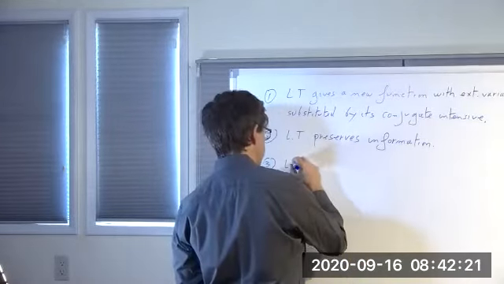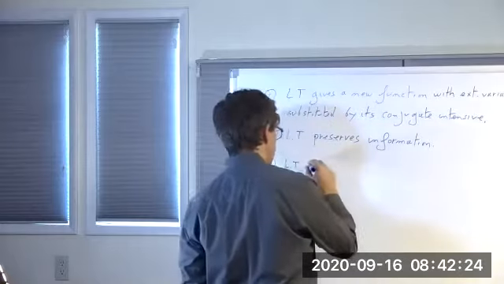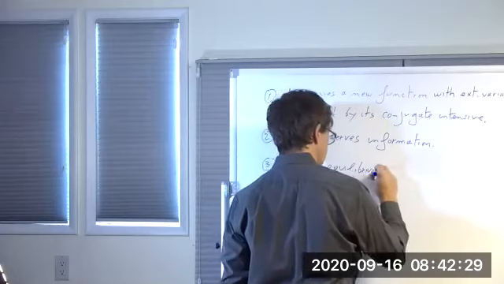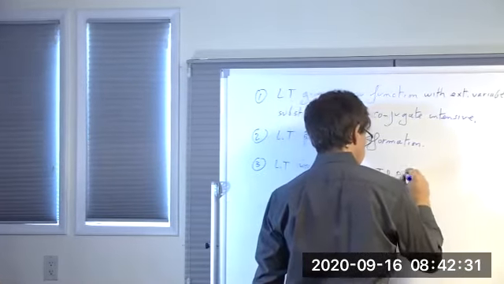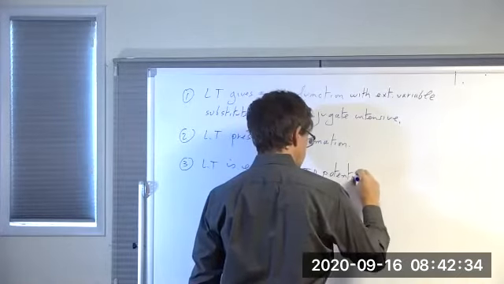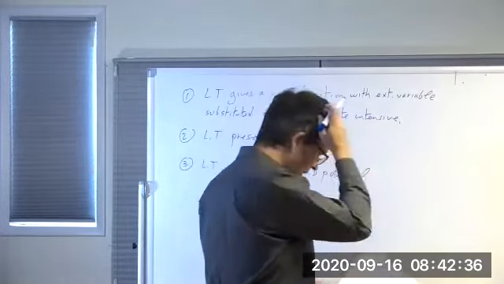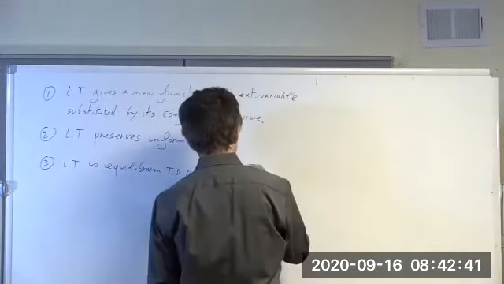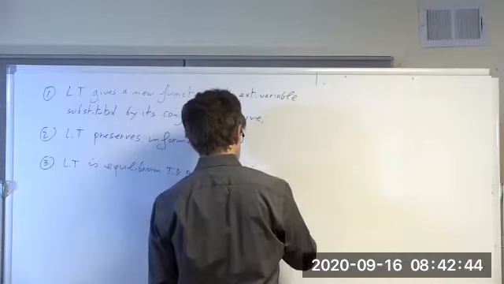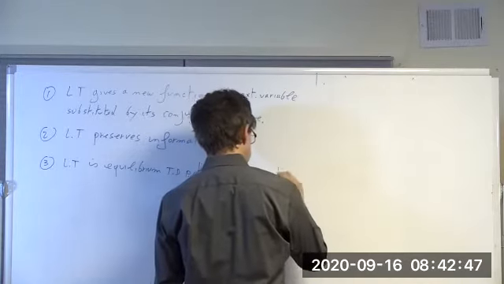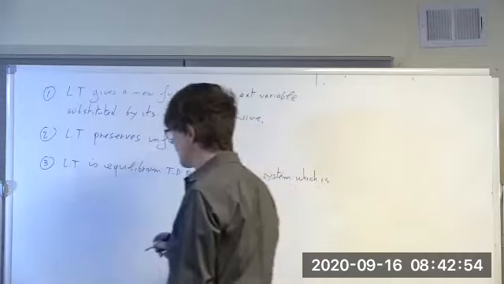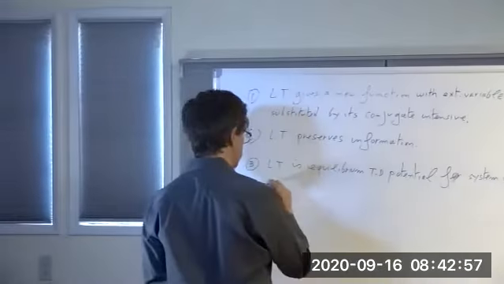And a Legendre transform is also the equilibrium thermodynamic potential for systems that interact with their environment, and more specifically, for the system which is controlled by the natural variables of the Legendre transform.